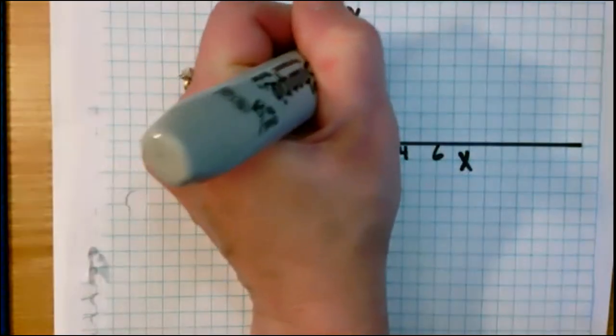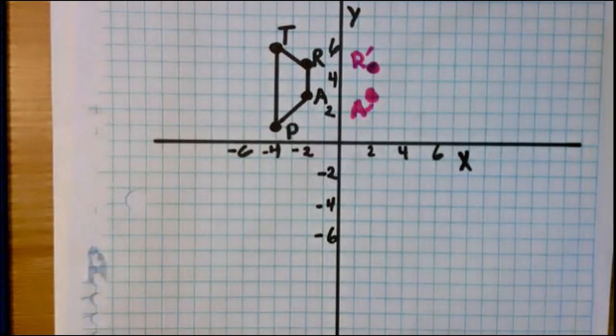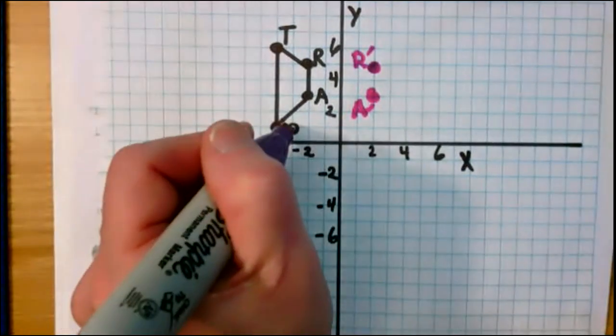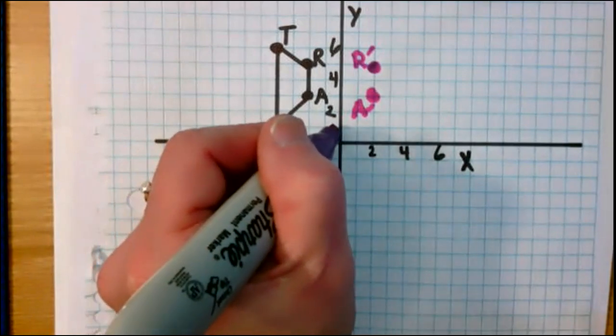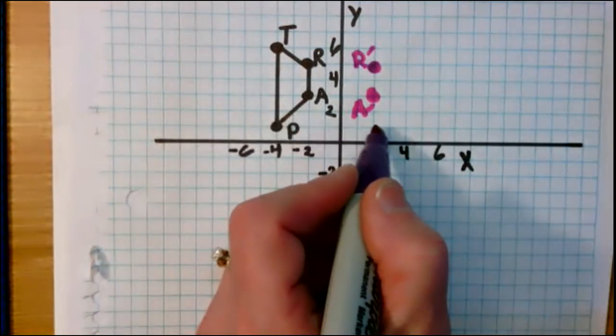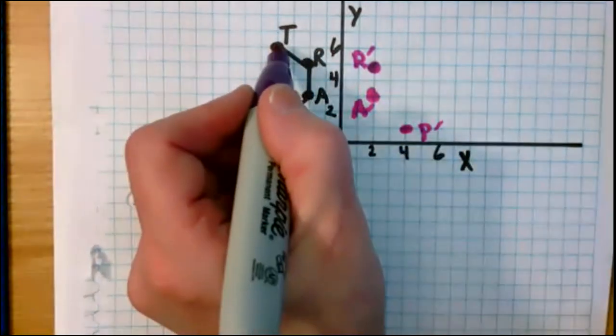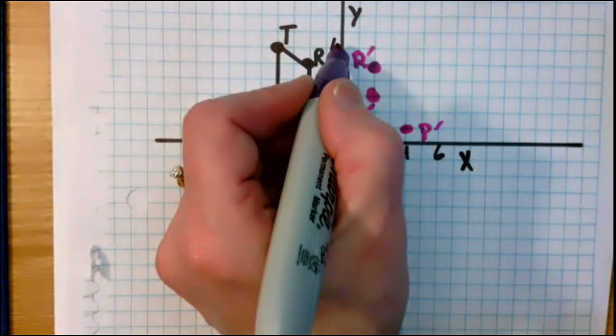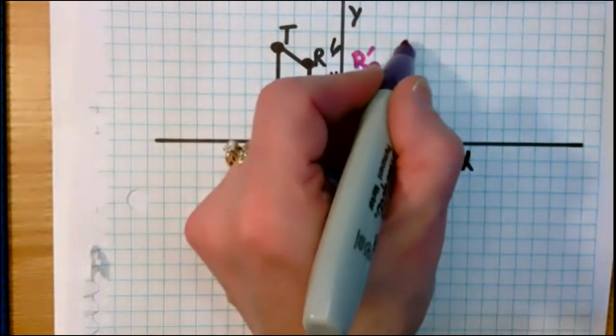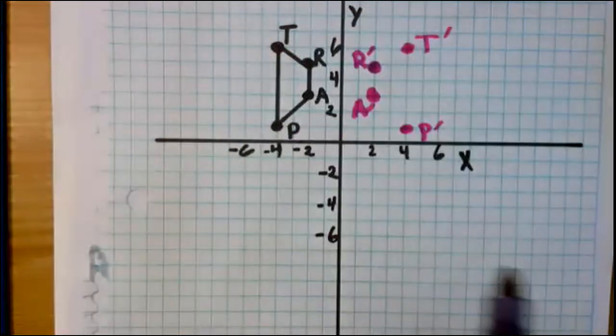So R prime. And P has to be the same thing. We have to go 1, 2, 3, 4. So we have to go 1, 2, 3, 4. P prime, and then T. 1, 2, 3, 4. So 1, 2, 3, 4. T prime.